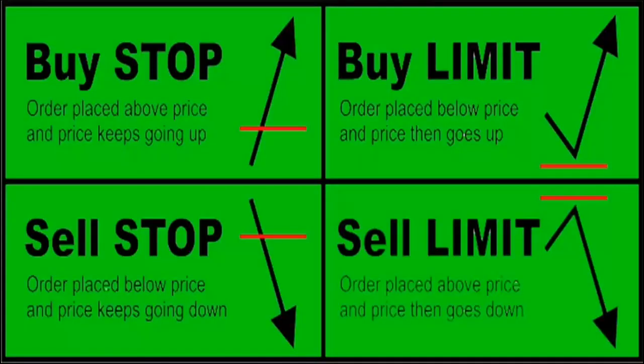Remember, when you're doing a pending order, the buy stop is going to get to this certain point and then it's going to keep going. A sell stop is going to get to this number and it's going to keep going down. The buy stop is going to keep going up. Sell stop is going to keep going down.